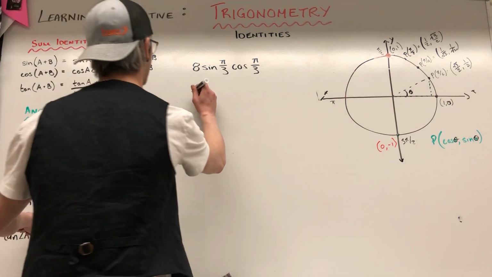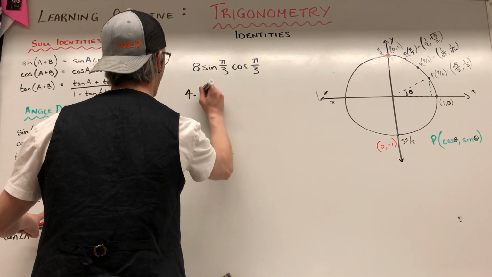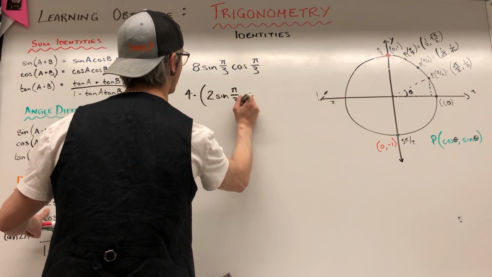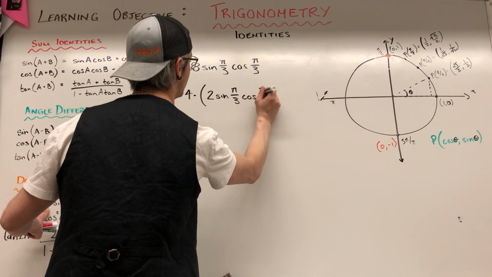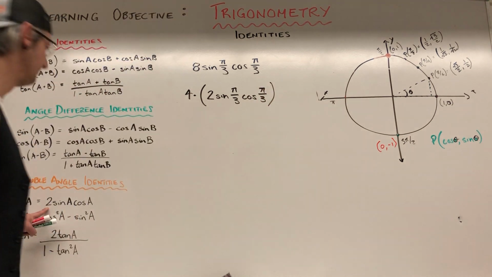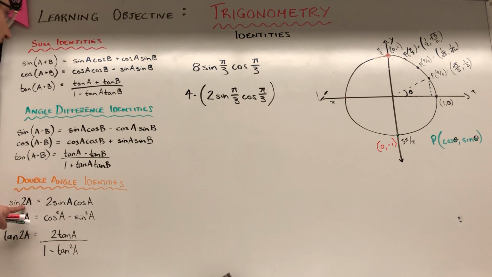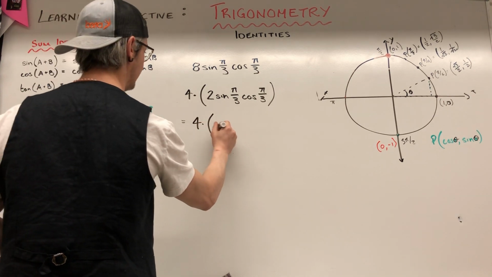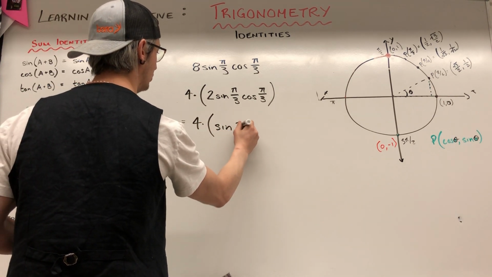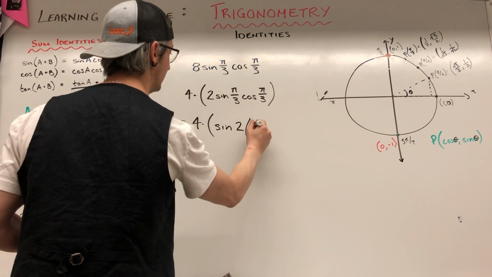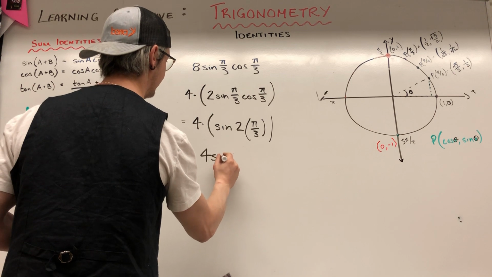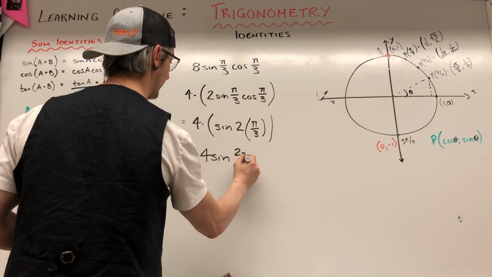This could be 4 times 2 sine pi over 3 cos pi over 3. That's the same as 4 times sine of 2 times pi over 3, which is 4 sine 2 pi over 3.